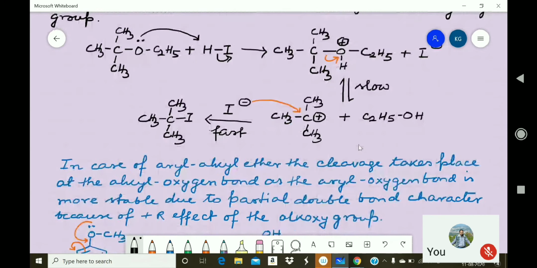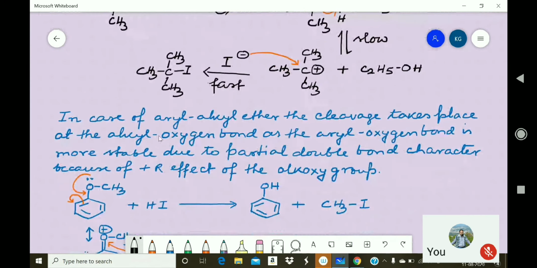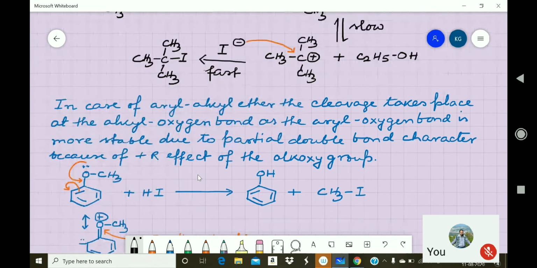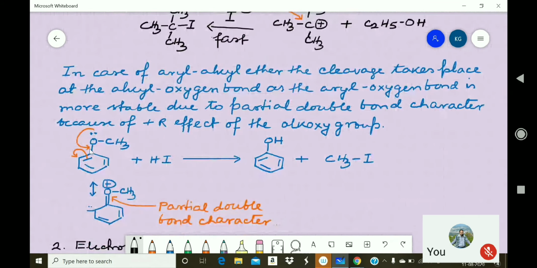And in case of aryl alkyl ether, the cleavage takes place at the alkyl oxygen bond, as the aryl oxygen bond is more stable due to partial double bond character because of the plus R effect of the alkoxy group. We can follow that in case of alkyl aryl ether, the alkoxide group is donating electrons into the ring. There will be a partial double bond character like this, and therefore breaking of this bond is difficult.